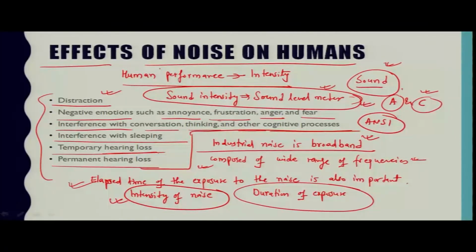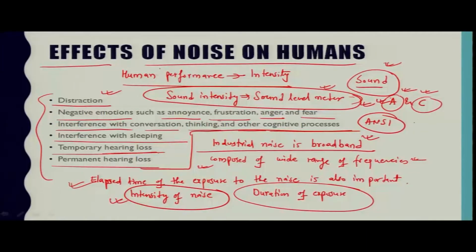The A scale is weighted to approximate the hearing response of the human ear, and for this reason it is the most commonly used scale, and the one used by OSHA, the Occupational Safety and Health Administration, and health agencies to establish noise level standards.